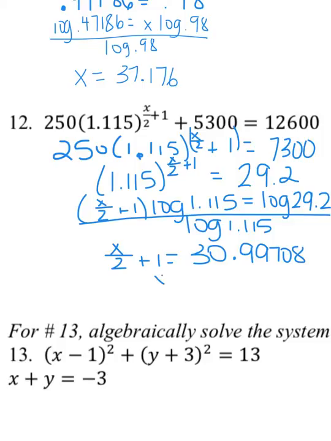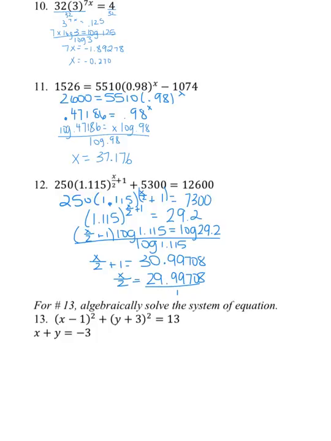I subtract the 1, 29.99708, and then I cross multiply, and I get x is equal to 59.994, rounded to the nearest thousandth.